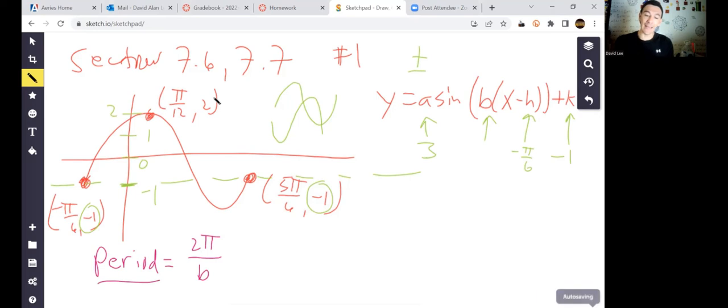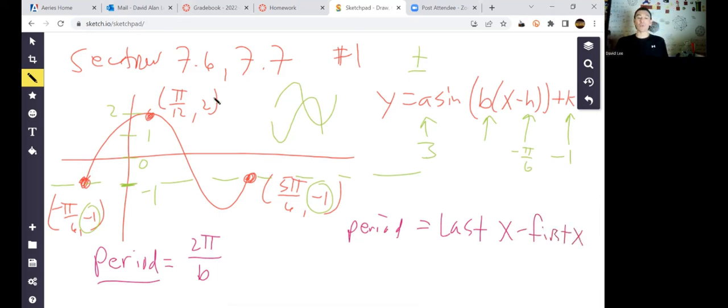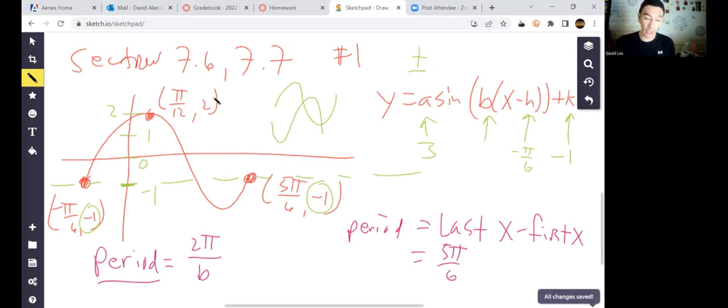And recall we said in class that period is equal to your last x coordinate minus your first x coordinate. So go last x minus first x. So my last x coordinate is 5π/6. That's like the last point on this roller coaster, like within one revolution, within one wave.